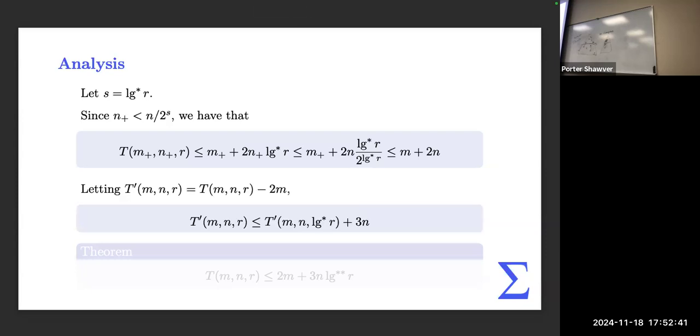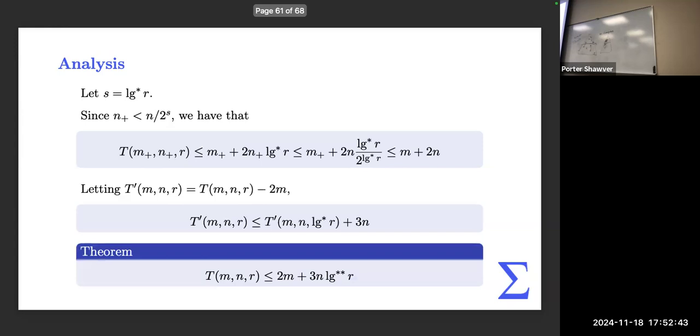Solving this recurrence has a solution of log star r, which means how many times we need to iterate log until we get to 1. Log star is how many times we need to iterate log in order to get to 1, which is smaller.